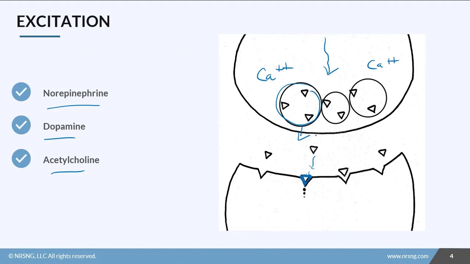When that happens, it stimulates a new action potential to be started on the other side. If this is a neuron, it is going to send that action potential down the length of the axon on its way to wherever else it needs to go. If it's a muscle, this action potential is going to stimulate contraction. Make sure that you check out the muscle contraction lesson to see what happens there.